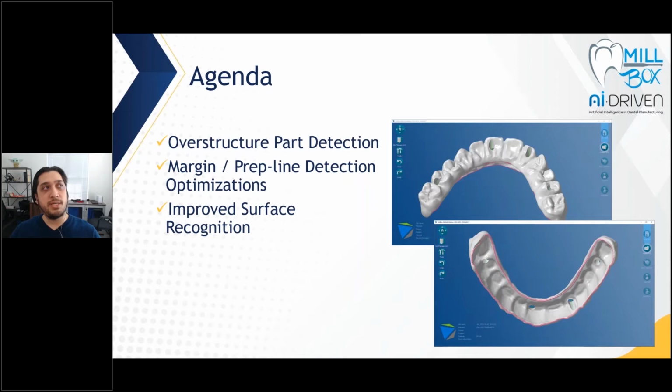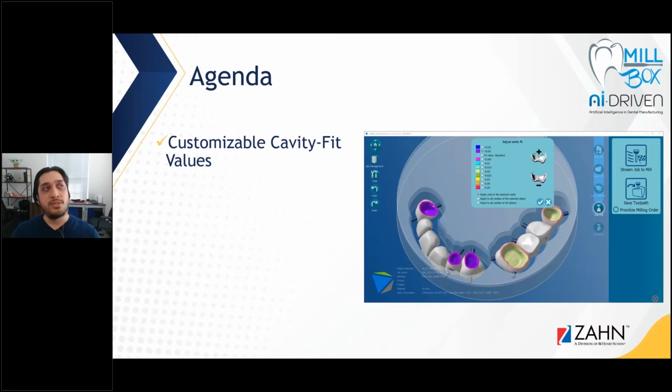And so talking about the overstructure object type, this was an object type that we introduced, I believe, back in 2018. We've since improved our detection for those objects. We'll talk about some of the requirements for those, and we'll talk about just general overall improvement on the CAM's ability to recognize surfaces and parts. And then we're also going to talk about the cavity fit values and how those values are customizable.